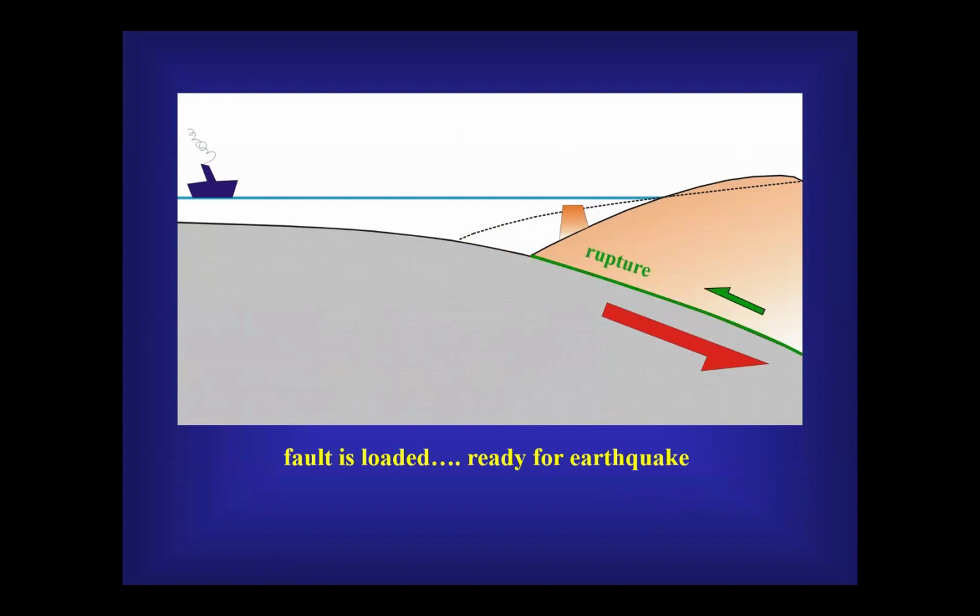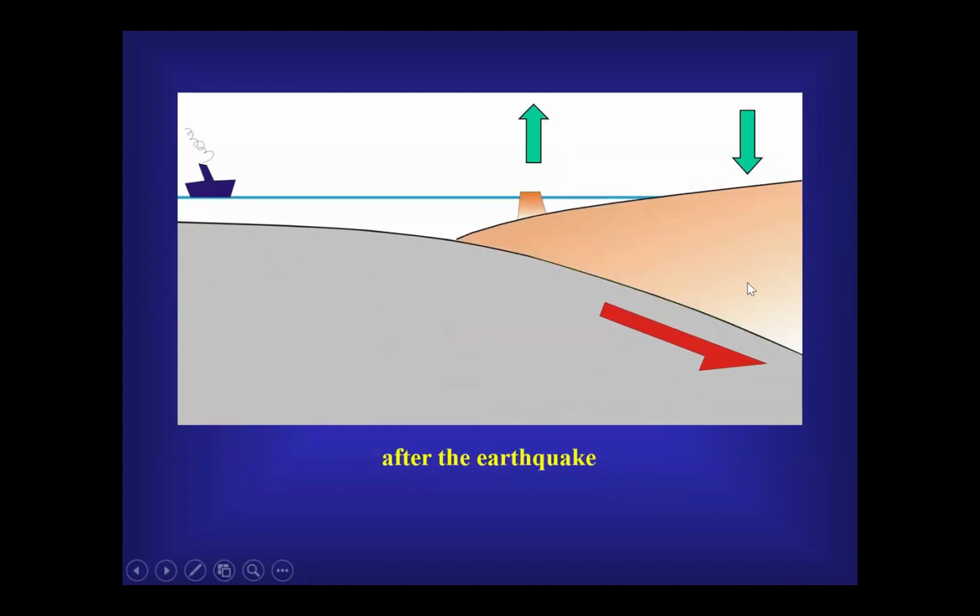And then the rupture happens, the fault ruptures, and the upper plate moves back with co-seismic deformation. And then the upper plate will pretty much go back to its original position.